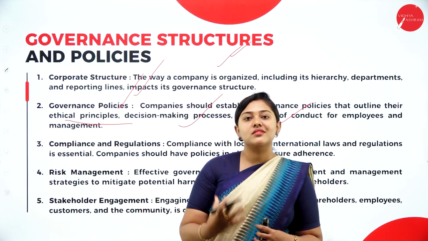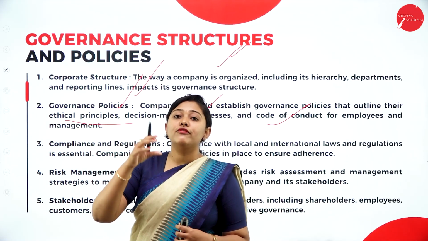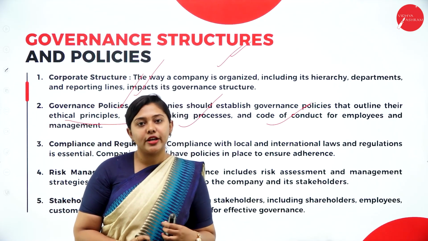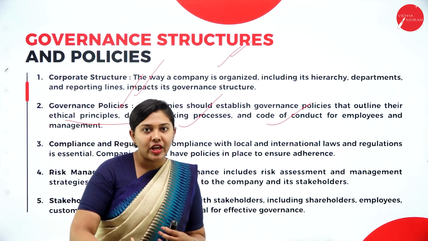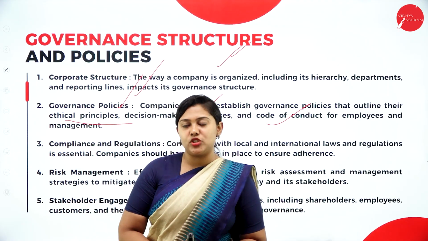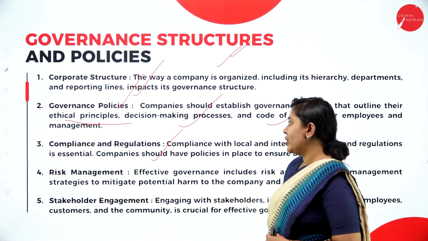So when you're taking up the decision, rules and regulations have to be ethically followed. The principles and the rules and regulations they adopt have to be in favor of employees and management.